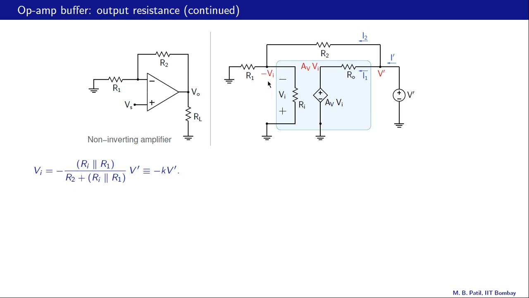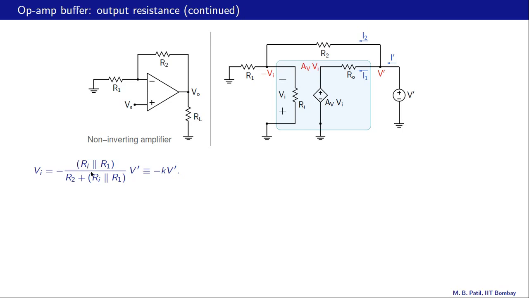So minus Vi would be this R1 parallel Ri divided by R2 plus R1 parallel Ri times V prime, and that is simply voltage division. So this is what we get for Vi in terms of V prime.